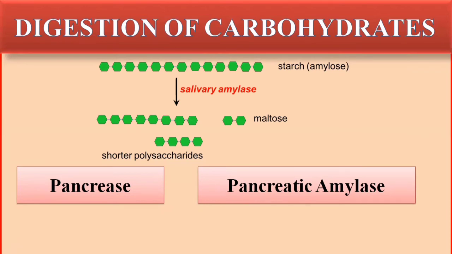Pancreatic amylase enters the small intestine and further digests the complex structure of the carbohydrate into simpler structures, the polysaccharides or oligosaccharides into disaccharides and shorter polysaccharides.